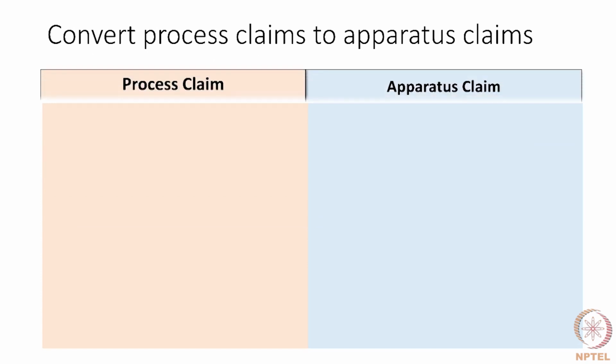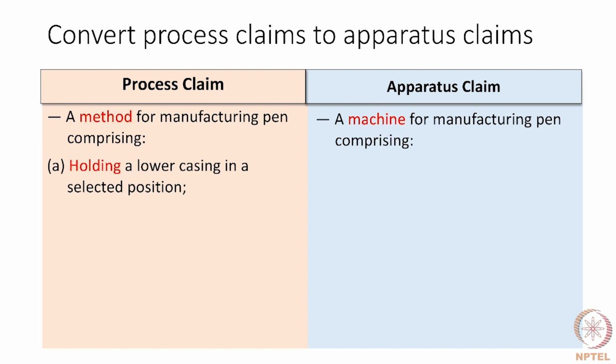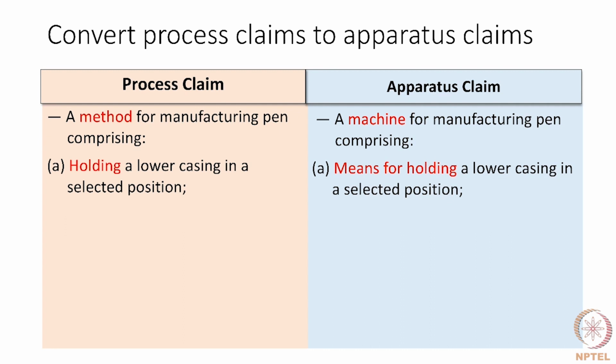Now, let's look at this example. There's a process claim, and let's see how it can be converted into an apparatus claim. A method for manufacturing a pen comprising, this is the process claim, becomes a machine for manufacturing a pen comprising: holding a lower casing in a selected position becomes means for holding a lower casing in a selected position.